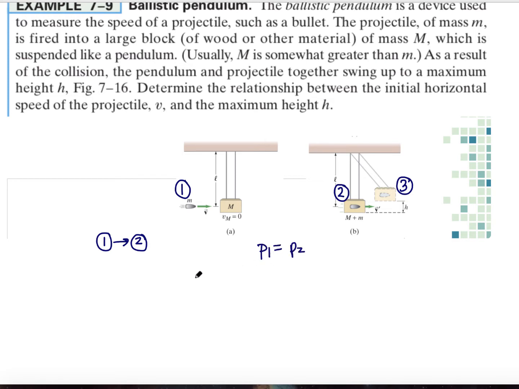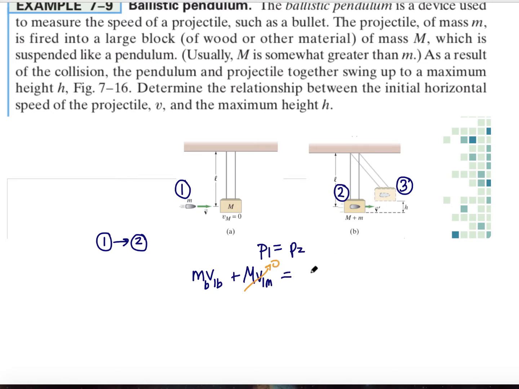In this case, our initial momentum is going to be the mass of the bullet, let's write mass B, times velocity 1 of the bullet. And our block, which we'll say is mass big M here, has an initial velocity of 0, so we'll get rid of that term.